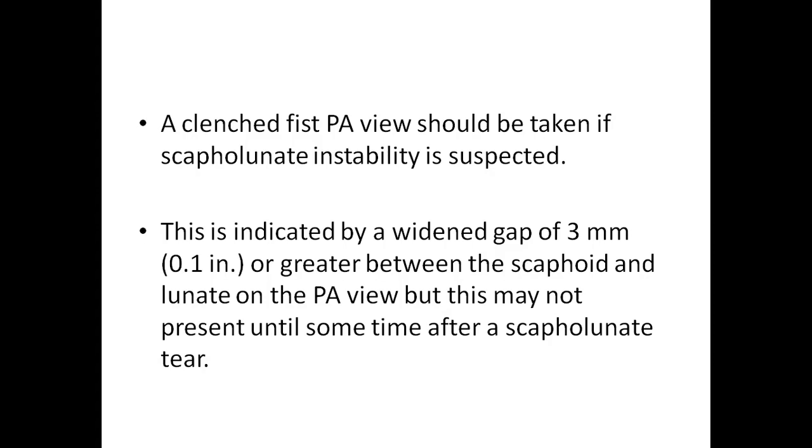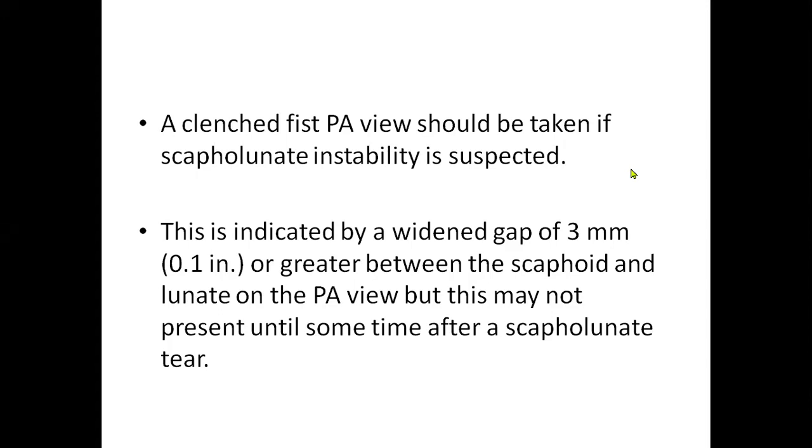But the problem is that sometimes, if the ligament between the scaphoid and lunate, known as the scapholunate ligament, is still intact, it is very difficult to observe scapholunate instability on the radiograph. It takes time. When the ligament between the scaphoid and lunate is ruptured, torn, then the gap becomes larger and easily visible on the radiograph.